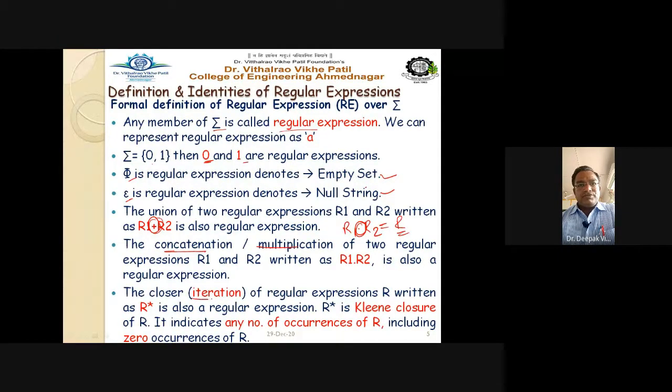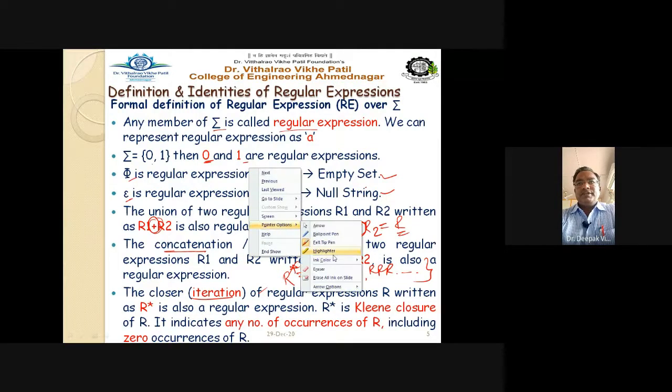Then iteration, for example R closure, meaning R with the asterisk mark or star mark, is also a regular expression. The significance of R star is that it consists of the null string epsilon, one occurrence of R, two occurrences of R, three occurrences of R, and any number of occurrences of R.